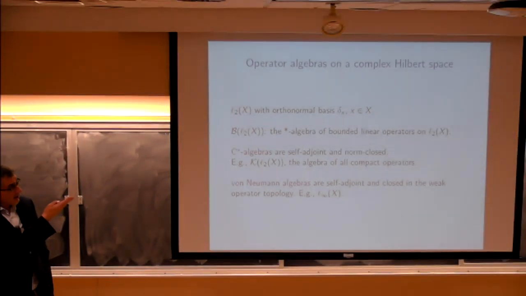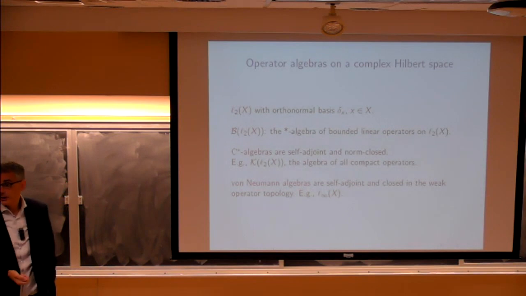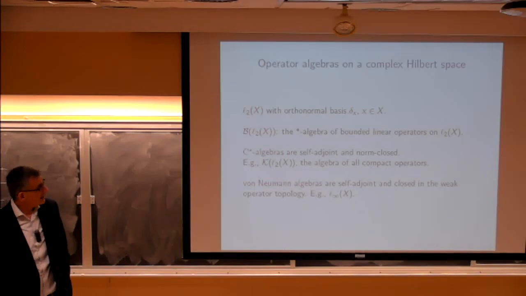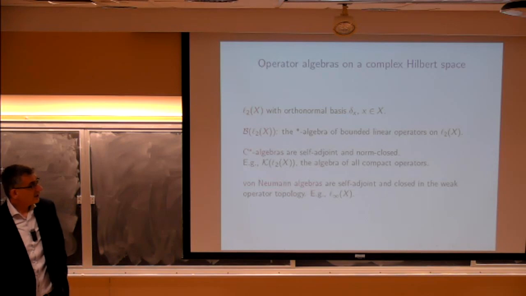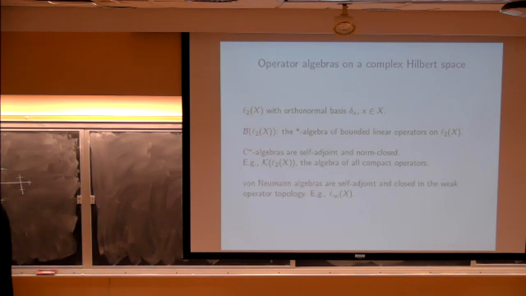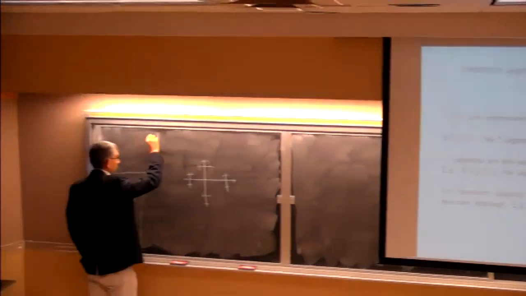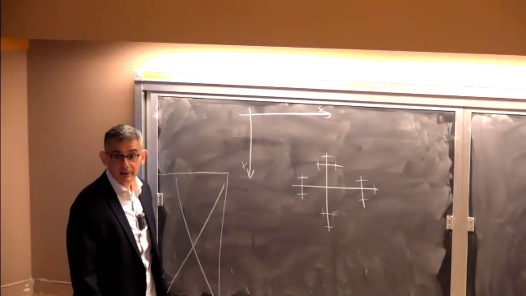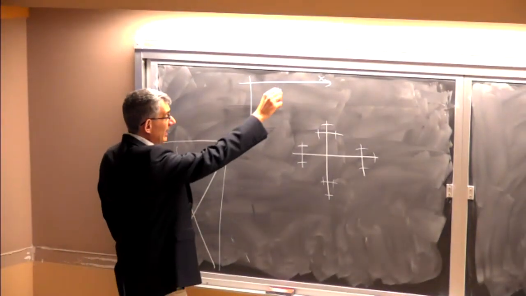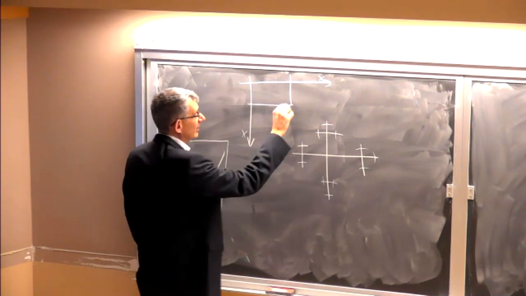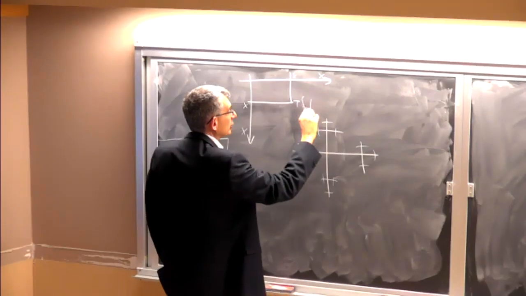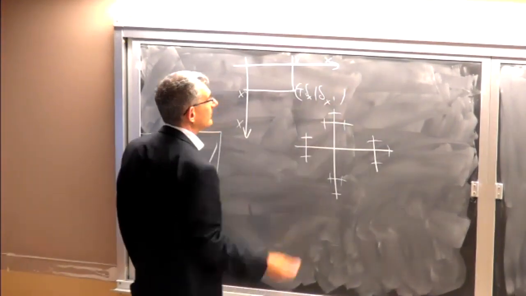Given any set X, L2 of X is just the Hilbert space whose basis is indexed by elements of X. So they're delta_x for x in X. B of L2 of X is the algebra of bounded linear operators on L2 of X. And one way to think about those operators, which is actually not terribly wrong, is to think of essentially big matrices indexed by X cross X. If you have an operator T, with x and x prime, this is really the matrix coefficient of T, delta_x prime.